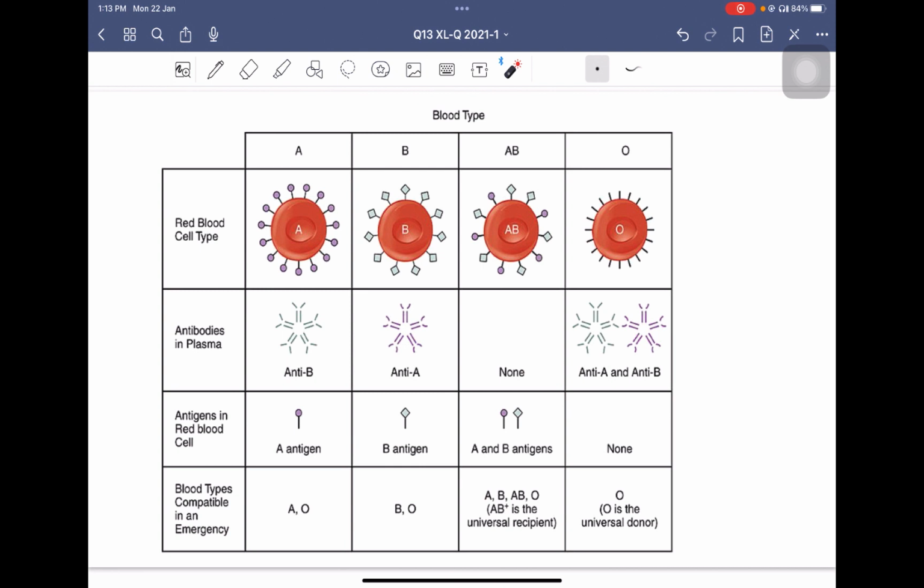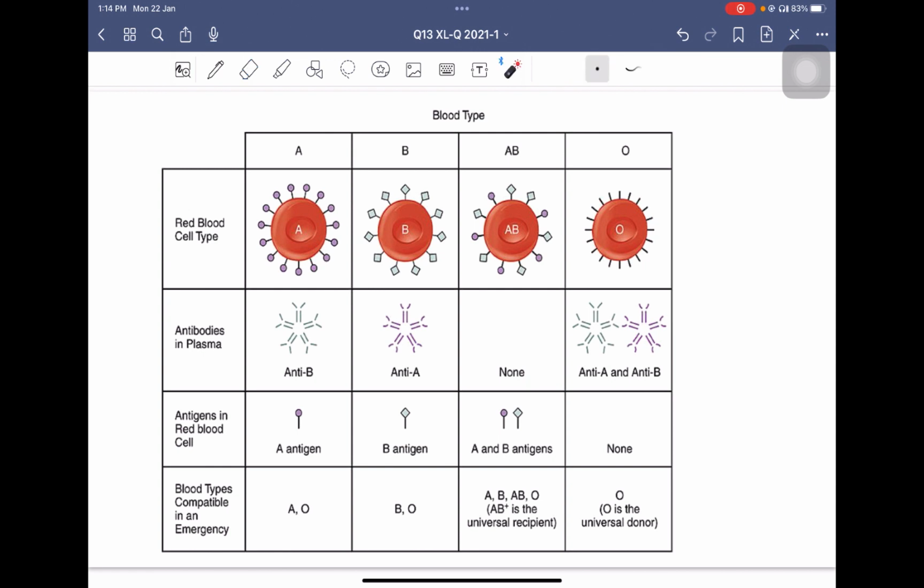And now we should also discuss when there are antigens, there should be antibodies as well, right? So when the RBC contains the A antigen, anti-A antibodies should not be present in that blood group, because we know that if the antigens and antibodies both are present, then the antibodies will bind to the antigens and destroy the RBCs.